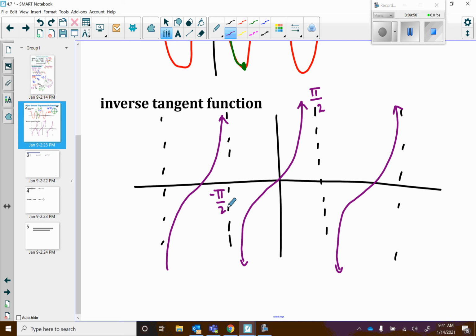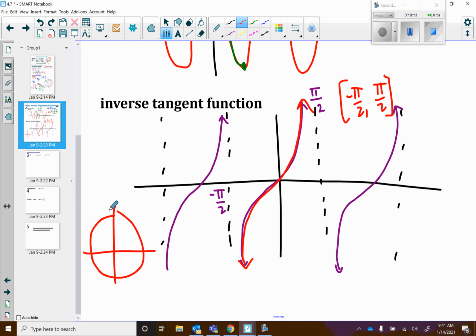And so tangent is actually one of the easier ones. Tangent just gets restricted in its first period, basically, from negative pi over 2 to positive pi over 2. Just like sine, inverse tangent lives on the right half of our unit circle.